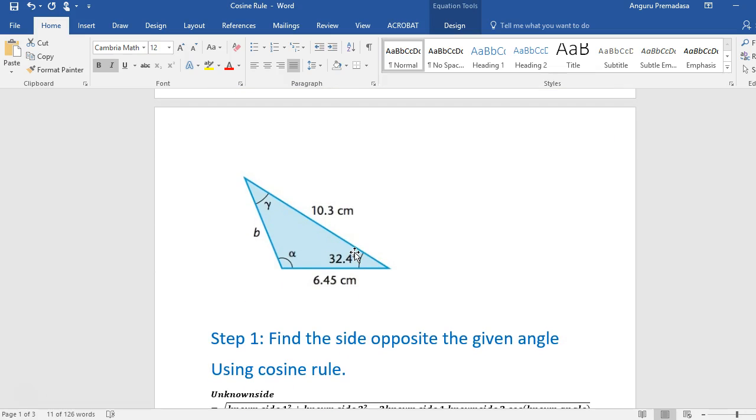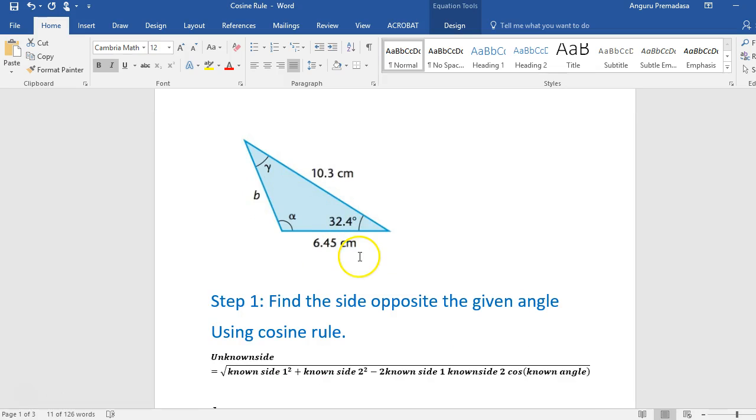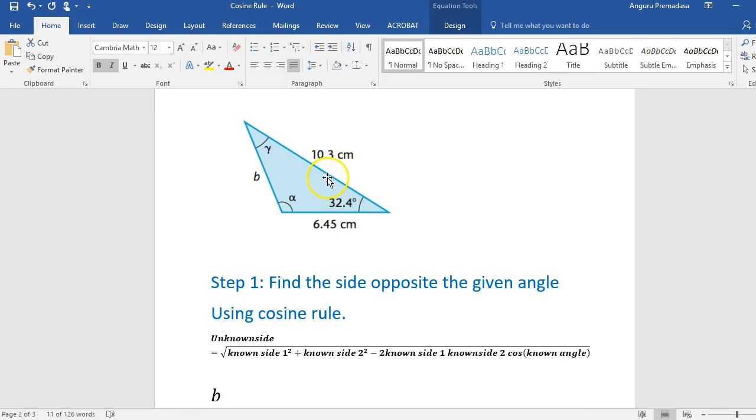If we go back to this example, you know two sides and the angle between them. The two sides are 10.3 and 6.45, and the angle between them is 32.4. Step 1, we find the side opposite the given angle, 32.4.